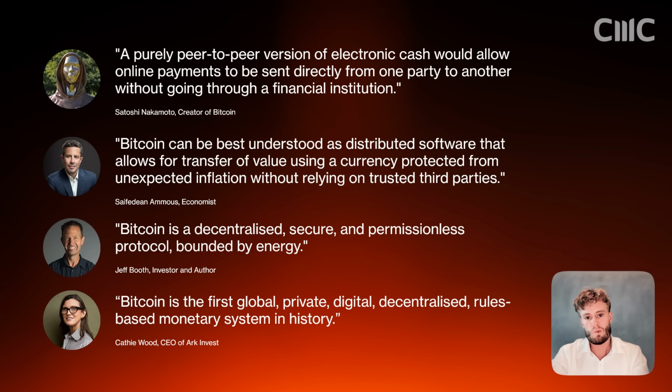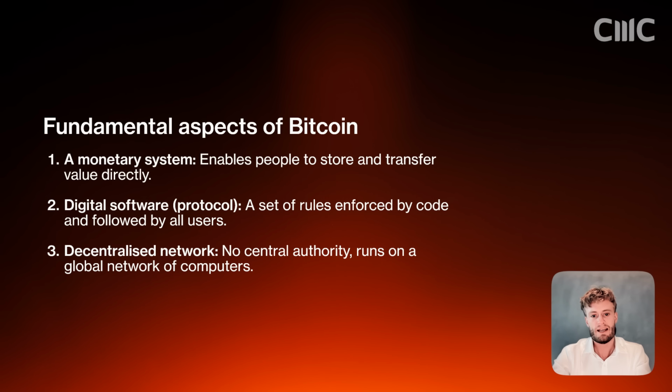So while there are various definitions of Bitcoin, there are a few recurring themes that tend to emerge around what Bitcoin is. The first theme is that Bitcoin is some form of a monetary system. It allows people to store and transfer value between each other, in this case in a peer-to-peer way.